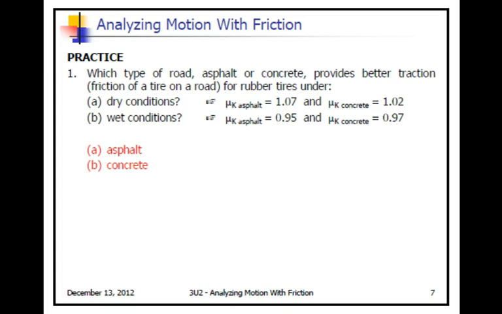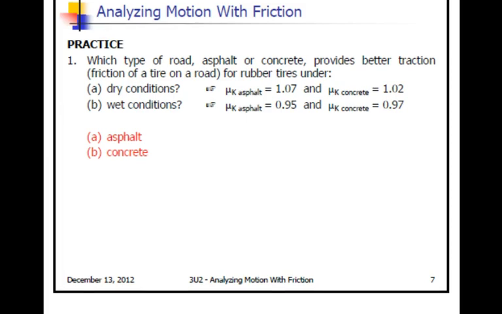Because we want to have a fair amount of friction, asphalt would be better in dry conditions than concrete because it has a higher coefficient of friction. But in wet conditions, concrete would be better because it has the higher coefficient of friction in wet conditions over the asphalt coefficient of kinetic friction.